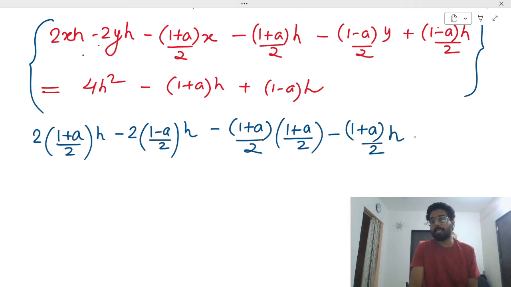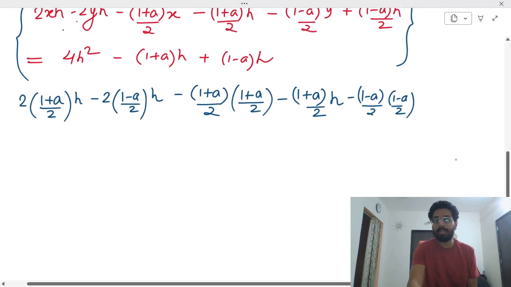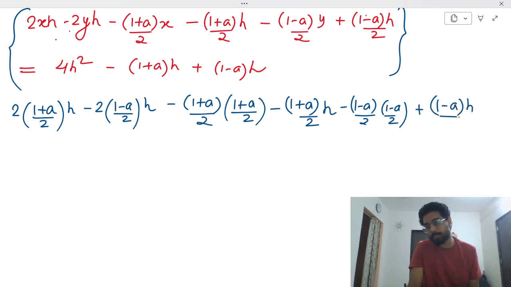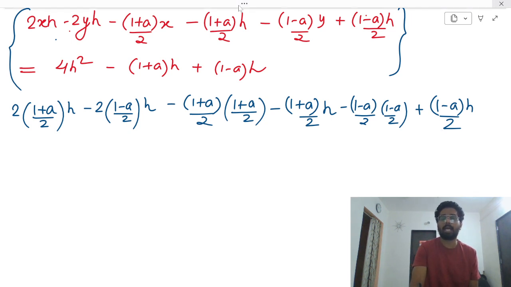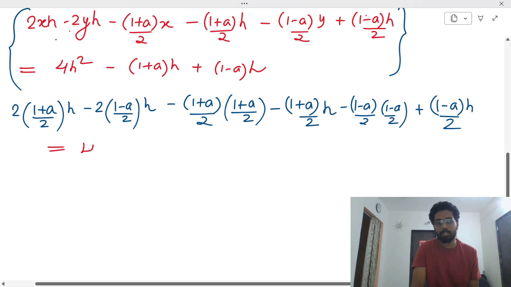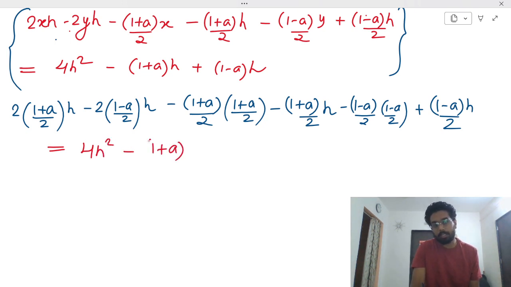In place of y we are writing 1 minus a by 2, and the h portion will remain the same, so this will be plus 1 minus a h by 2. You will say this is one of the last steps of the problem. This is equal to 4h square. The other part will not have any change. 1 plus a into h, and now you will see what we can manage.